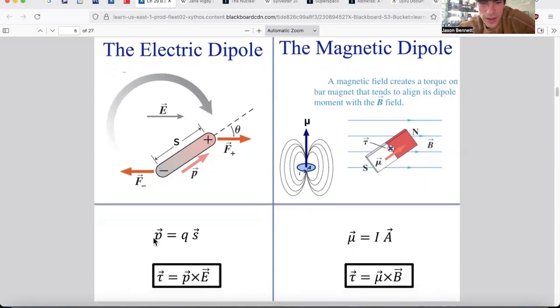So the definition of electric dipole is charge times, and I don't even know what you would call that vector. It's not an axial vector. It's more just something that's oriented in a similar way to the north-south pole. It goes from negative to positive. Same thing with the magnetic moment, it goes from south to north, kind of that analogy between South Pole and negative charges and North Pole and positive charges.